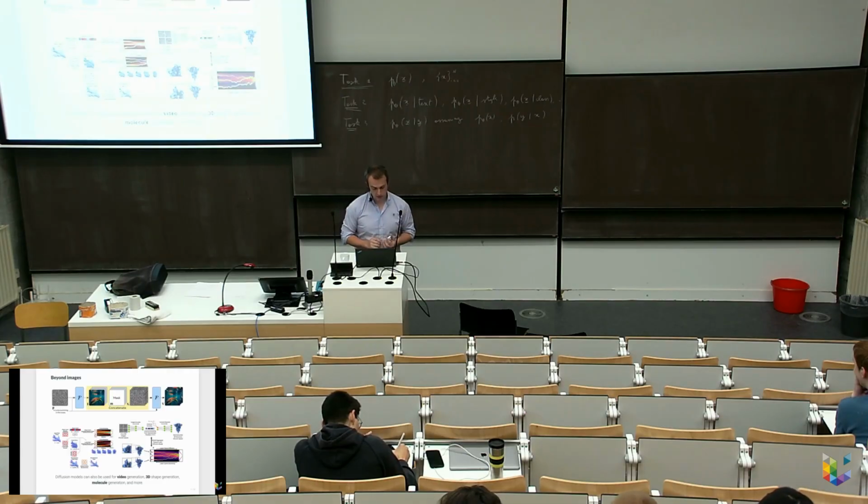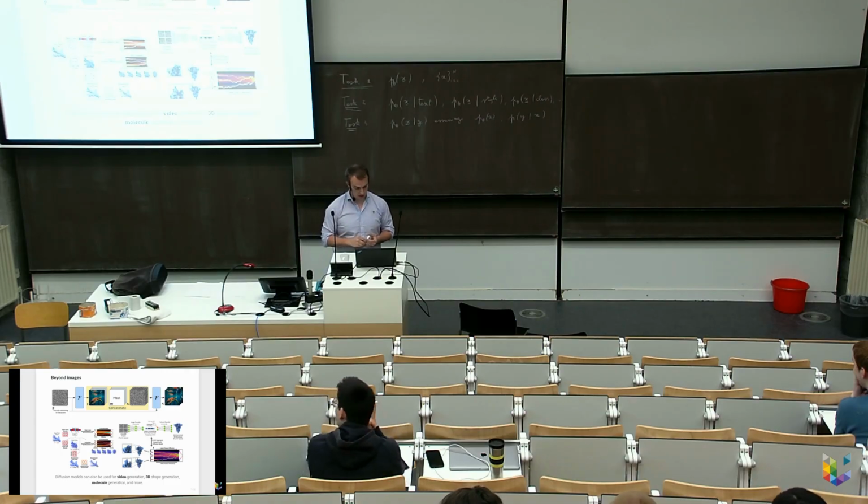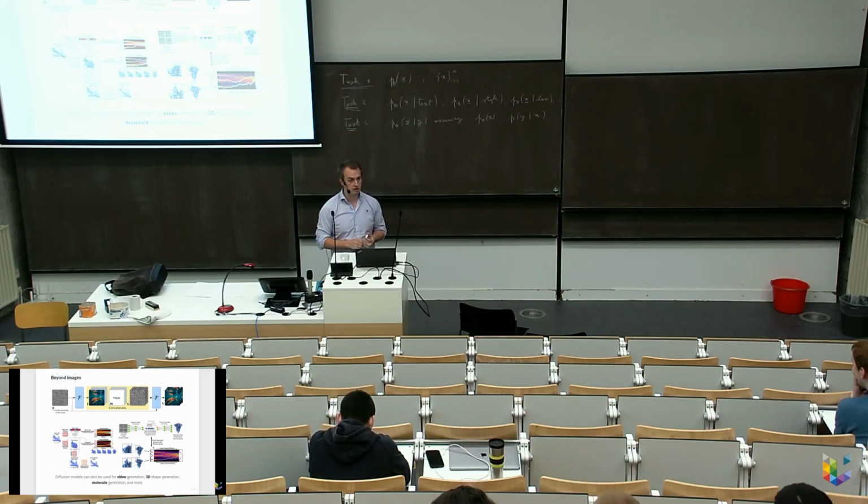You can also extend generative models and diffusion models specifically to other kinds of data than images. Here I've just cherry-picked three of them. If you understand that you can generate images, then there is only one step to generate videos, which are sequences of images.